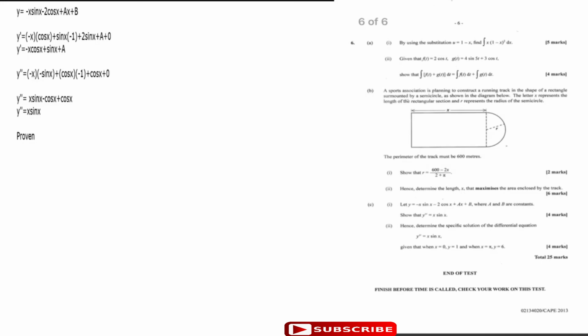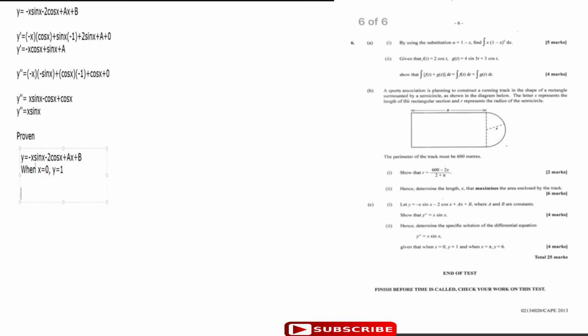We know that y is equal to minus x sine x minus 2 cos x plus ax plus b. So all we're going to do is plug in when x equals 0 and y is equal to 1.